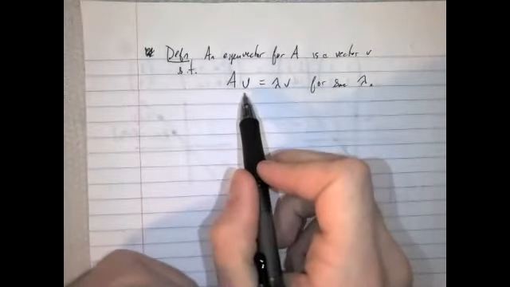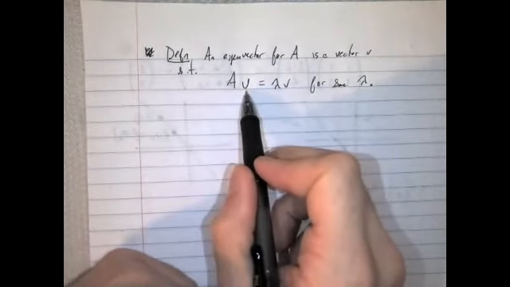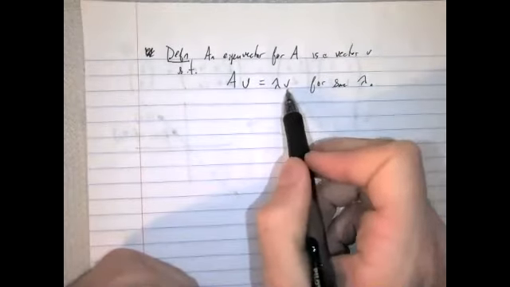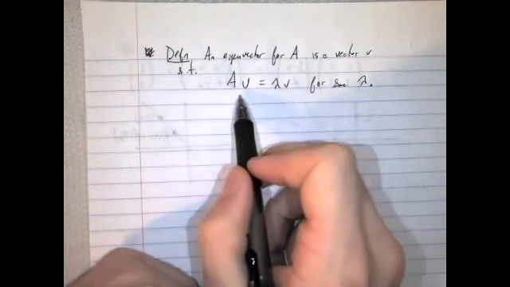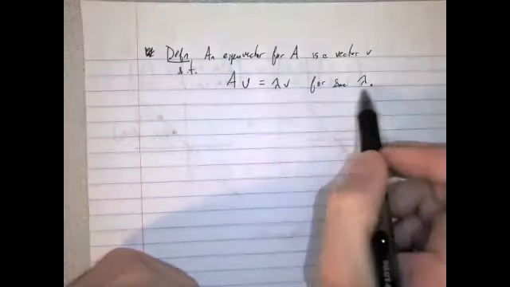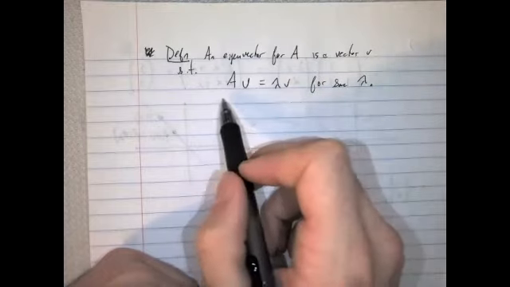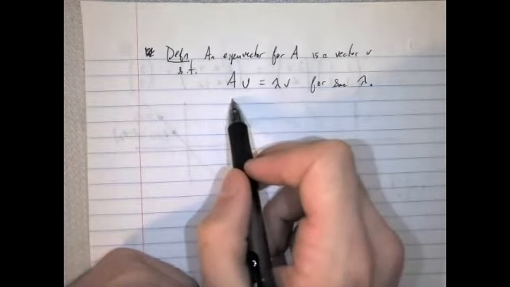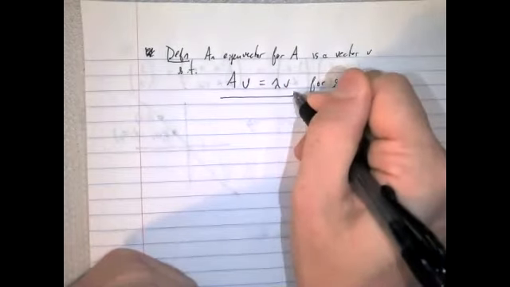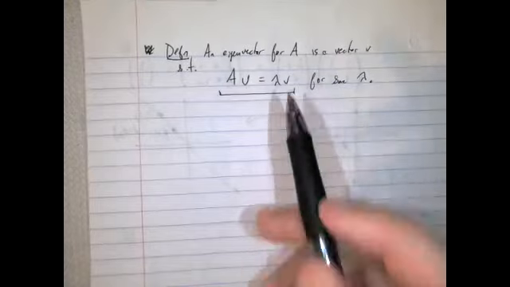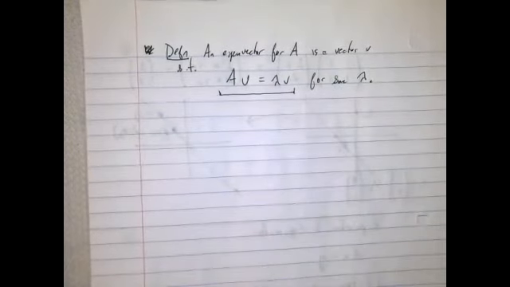This is exactly what it means for a vector to be sent by A to a new vector which is a scalar multiple of what we started with, where lambda is something in the field, either R or C. We agree that this equation is exactly what I'm talking to you about. This means that the linear transformation A has sent the vector v to a scalar multiple of v. Yes. Okay.